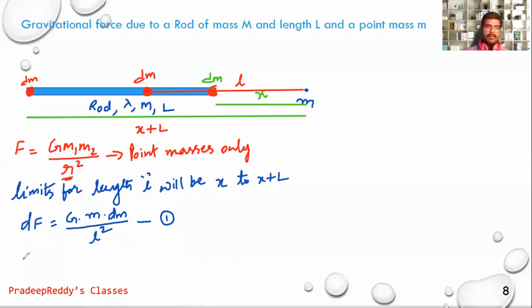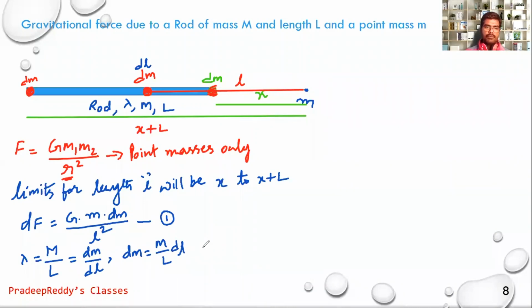As we know, for linear mass density, lambda is equal to capital M divided by L. The same linear mass density, if I take for the small element, I can write as dm divided by dl, where dl is the width of the small element which I am choosing. From this you can write dm is equal to capital M divided by L into dl.